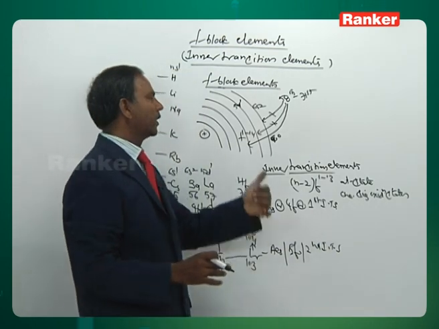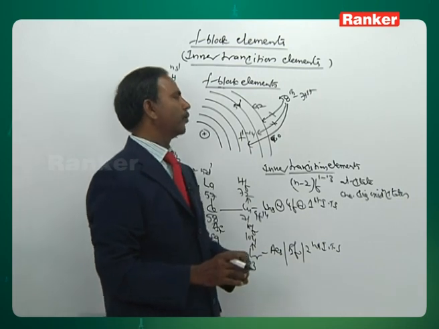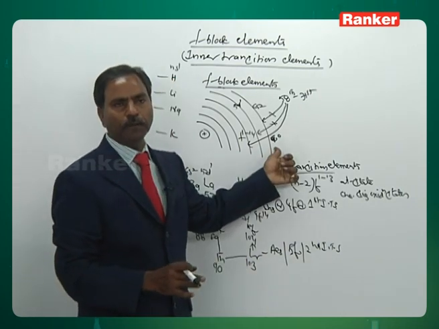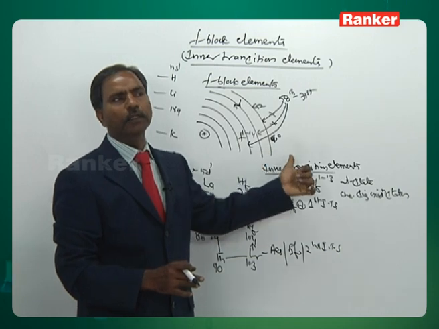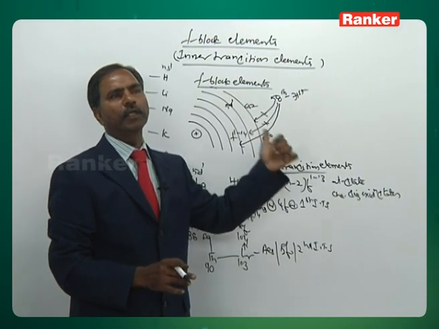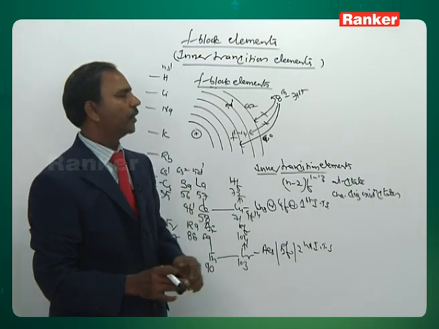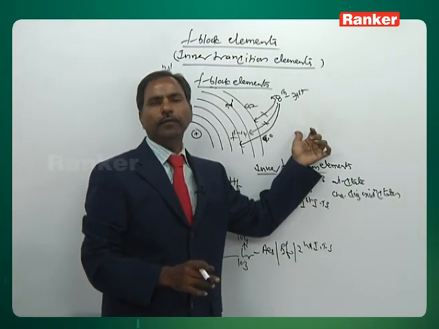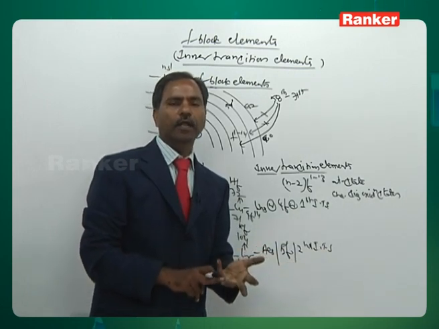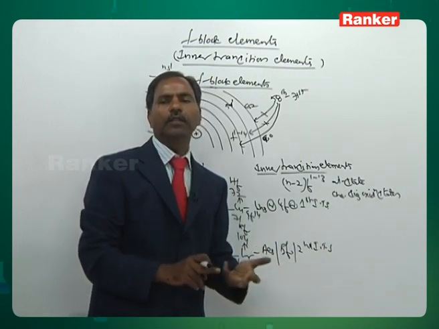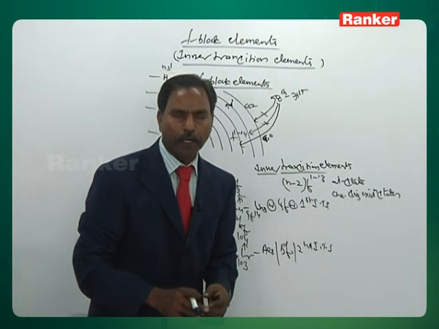It carries f13 configuration. Means the orbitals of the valence shell, penultimate shell and antipenultimate shell, all the three shells, are incompletely filled. Therefore, in f block elements, in inner transition elements, the orbitals of all the three shells are found to be incompletely filled.